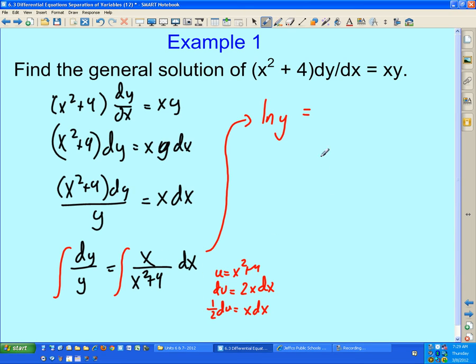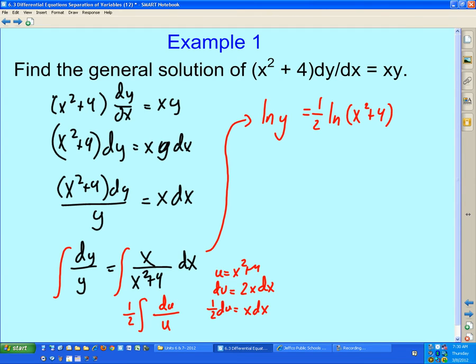So I end up with 1/2 of du over u, which is really what I was looking for. So now I get 1/2 the ln of u plus c, and u, you remember, is x squared plus 4, so I end up with 1/2 the ln of x squared plus 4 plus c.